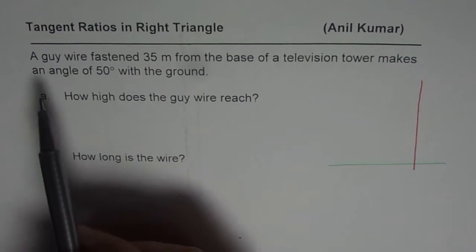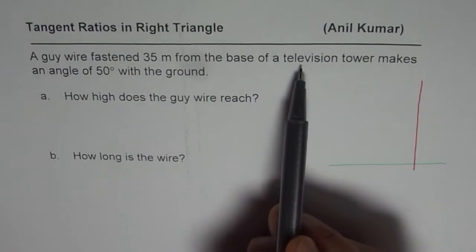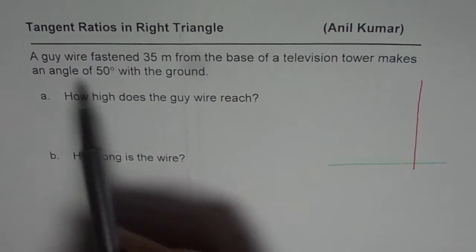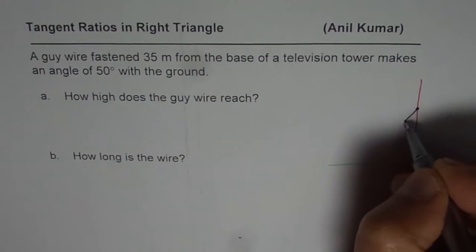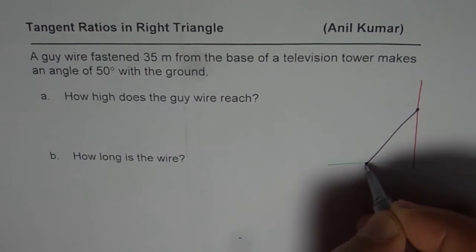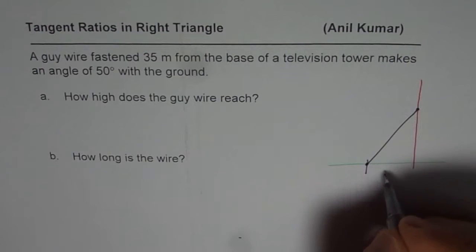So the question is, a guy wire fastened 35 meters from the base of a television tower makes an angle of 50 degrees. So let's say this is the wire which makes an angle of 50 degrees. Okay, so it is fastened here, 35 meters from the base.